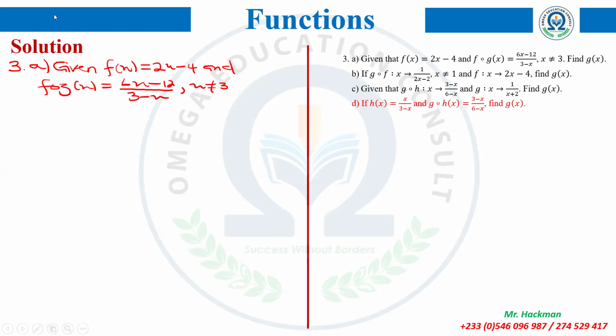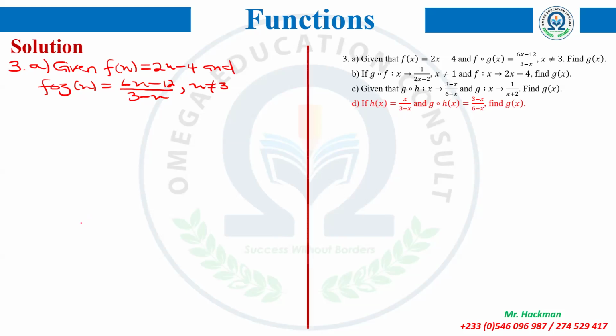So let's see. f of g of x means I feed f with g of x. Do I have f that I can feed with g of x? And the answer is big yes. Do you agree? Yes, sir. In any case, we are looking for your inner function. So direct substitution. Anytime direct substitution is allowed, you do your sign of the cross.